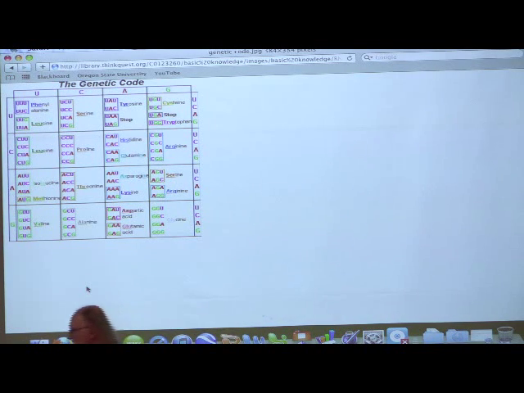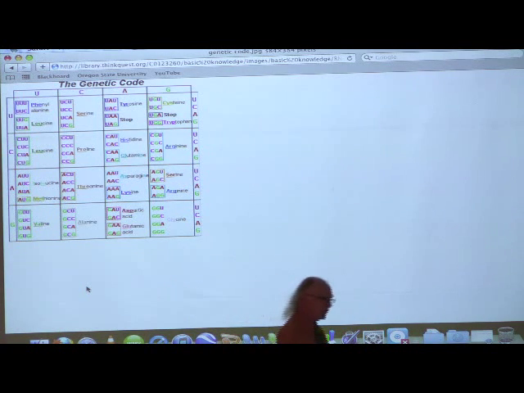The genetic code is a sequence of 3 nucleotides that specifies things for the ribosome to do. That means that the ribosome is reading the messenger RNA 3 nucleotides at a time. Each 3 nucleotides it reads tells the ribosome to do something.